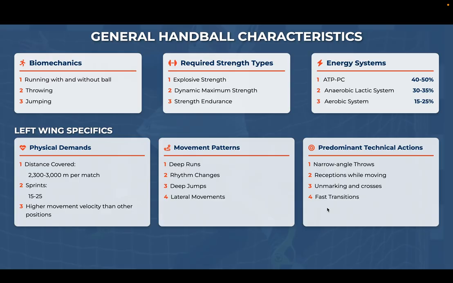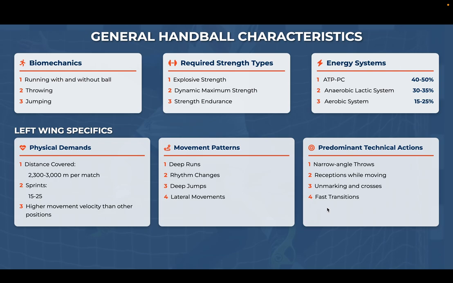The ATP-PC system is the predominant energy system in handball, at 40 to 50%, the anaerobic lactic system is 30 to 35%, and the aerobic system is 15 to 25%.